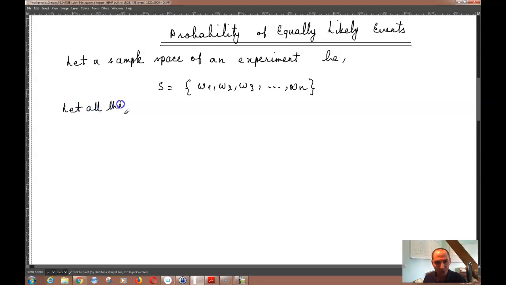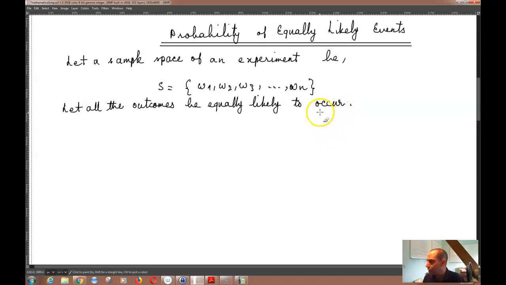Let all the outcomes be equally likely to occur.